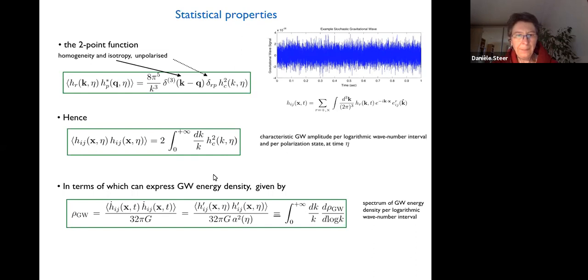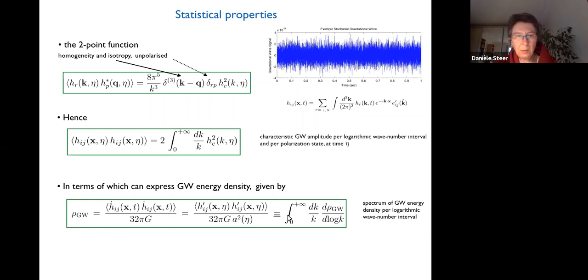Now, it turns out that the gravitational wave energy density will be expressed in terms of this h_c, which we'll see in a minute. But let's first write down the gravitational wave energy density. So this comes from the stress energy tensor for gravitational waves, which is basically h dot squared, which can be written in terms of h prime, derivative with respect to conformal time, with a relevant factor of a.